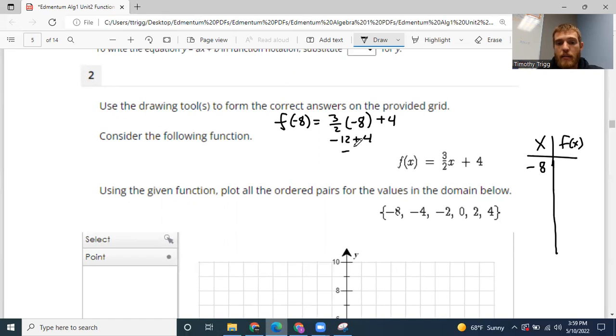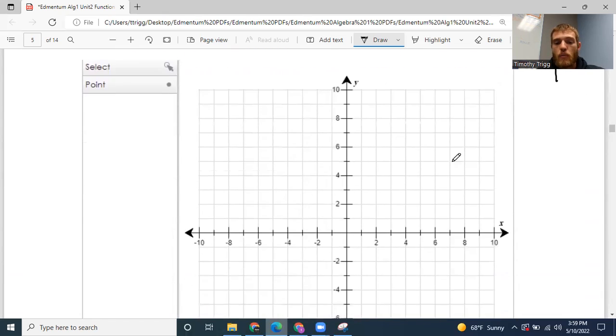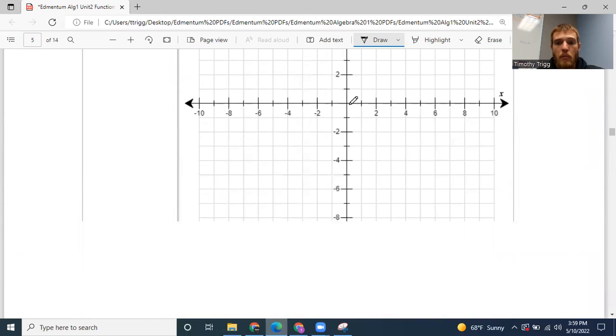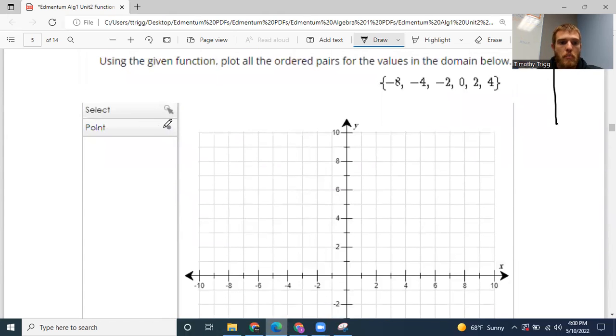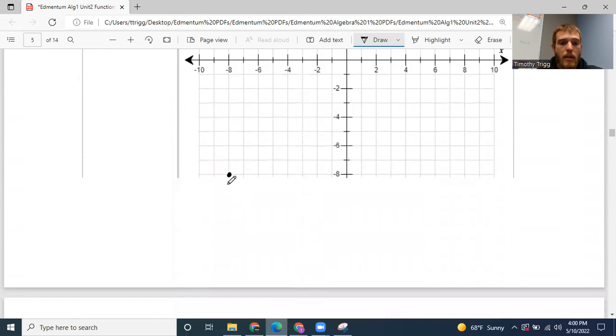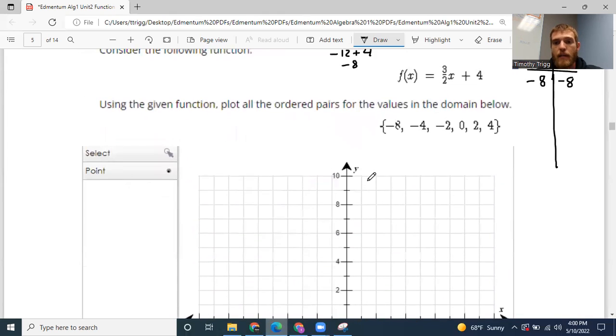That gives me -8. So -8, comma, -8. So in this case, with an input of -8, the output is also -8. So I'm going to go ahead and put that point where it belongs, -8, comma, -8, right here. So you would go to the point tool, click on that, and then put a point right here, -8, -8.